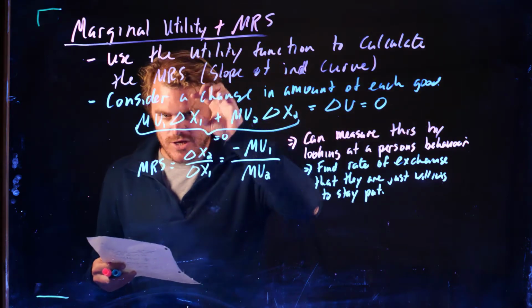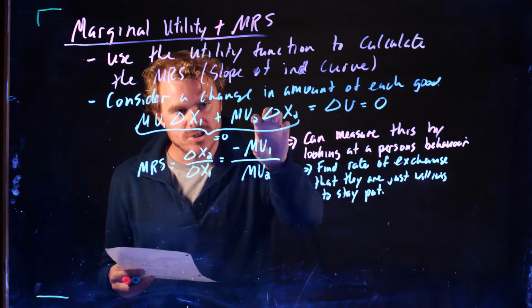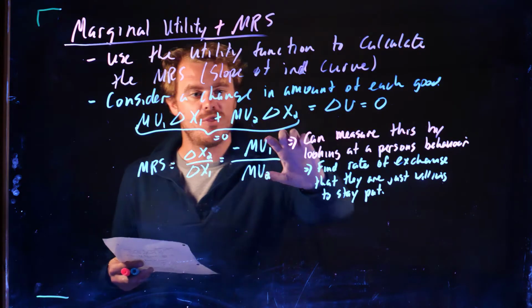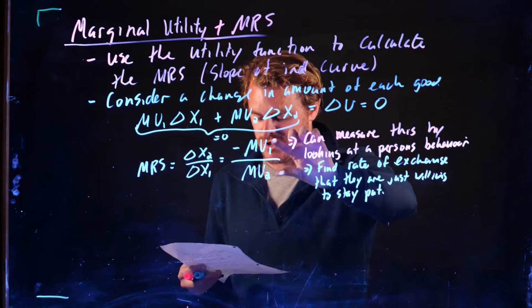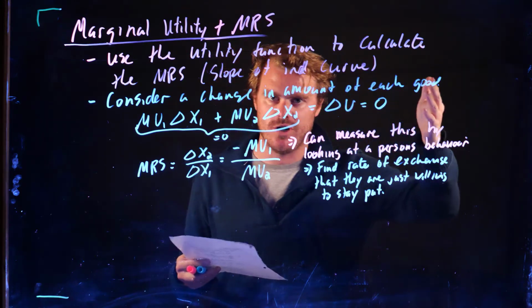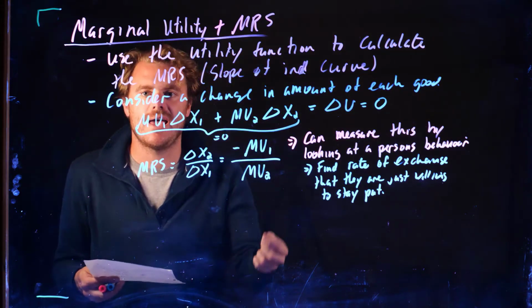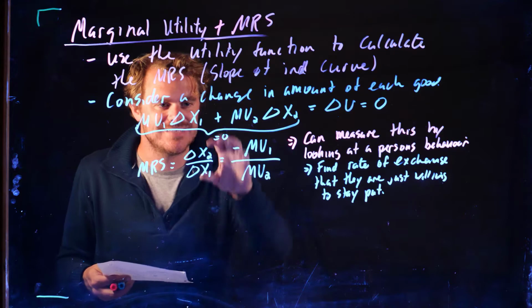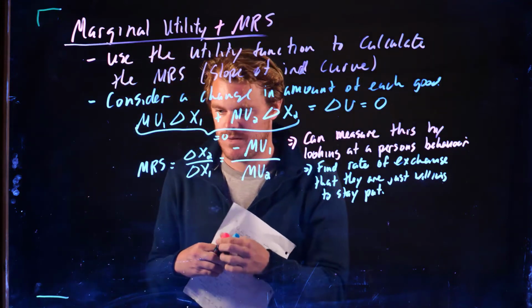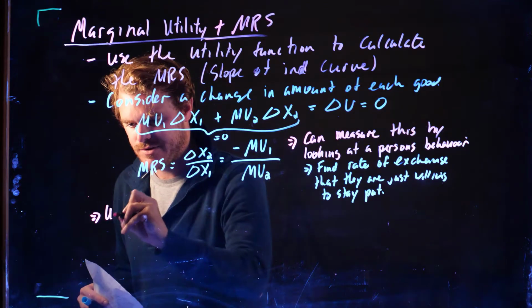So the utility function is not unique, which means the marginal utility is not unique, but the ratio of marginal utilities is independent of which utility function you chose. Which is key, which is why it has behavioral meaning, because it's the ratio of them. Hopefully that makes sense, but let's write it down just in case.